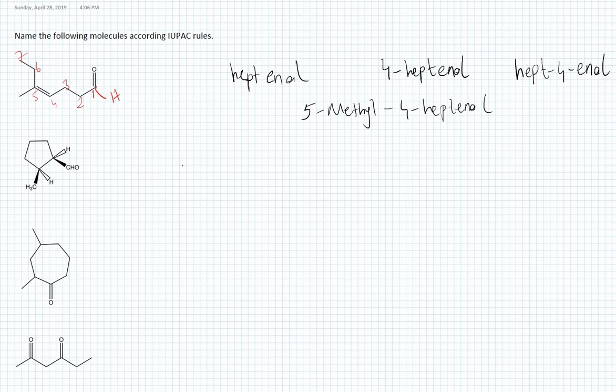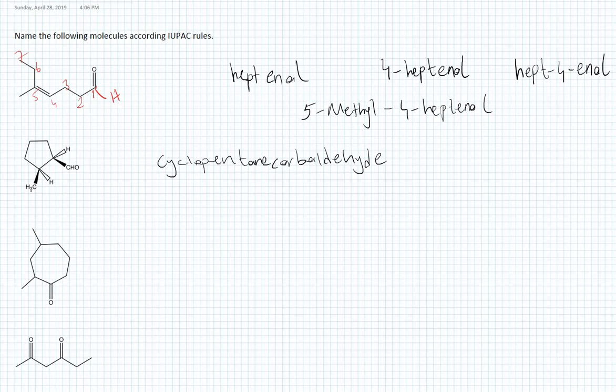This is cyclopentane. Let's write here cyclopentane, and instead of saying cyclopentanal we say cyclopentane carbaldehyde. So the name of this molecule is cyclopentane carbaldehyde, but we have two elements in this molecule.